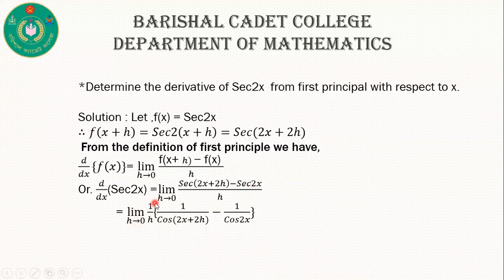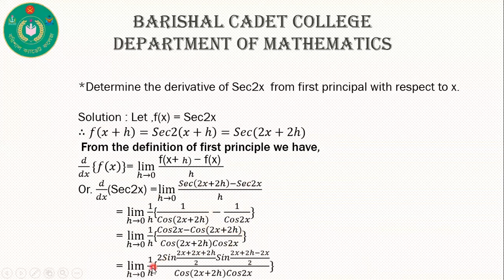Now limit h tends to 0 of 1/h times [...]. We know sec x = 1/cos x. That's why we can write [1/cos(2x + 2h) - 1/cos 2x]/h. Now taking the LCM, we can write [cos 2x - cos(2x + 2h)] over cos 2x cos(2x + 2h), then limit h tends to 0 of 1/h.